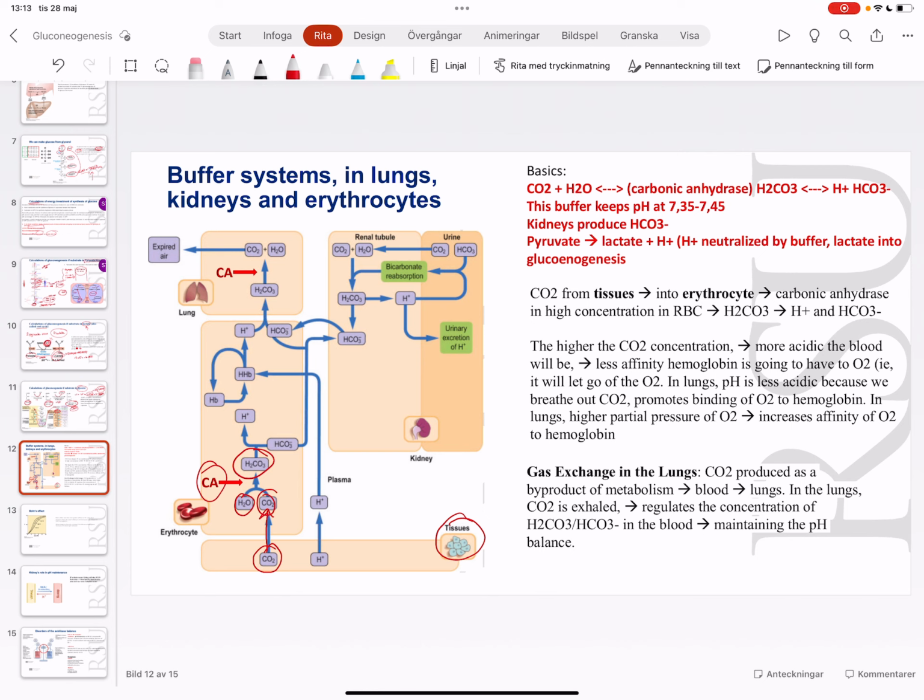We breathe out carbon dioxide, and that leads to a more basic environment, not necessarily basic, but less acidic. And this type of environment is good for hemoglobin to bind to oxygen. But please read what I've written here, and hopefully you'll understand.